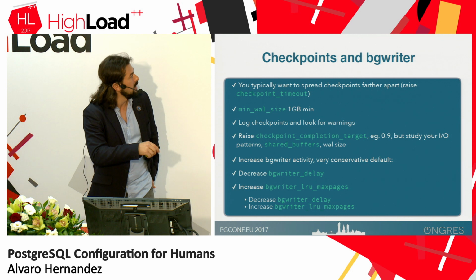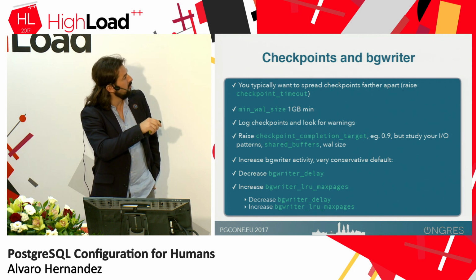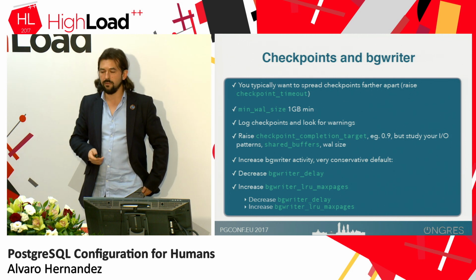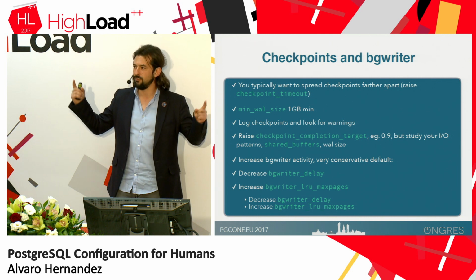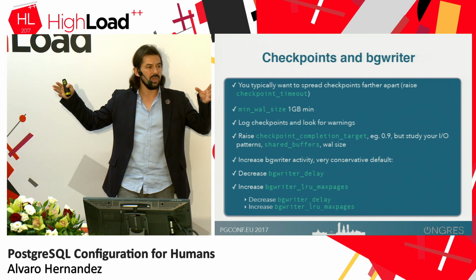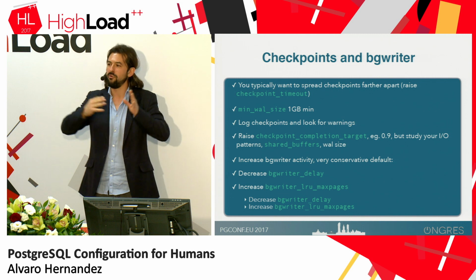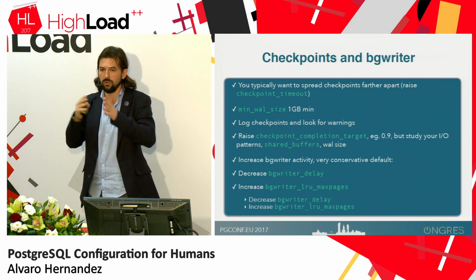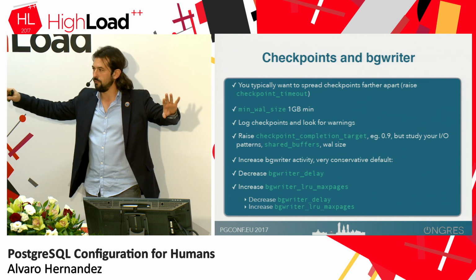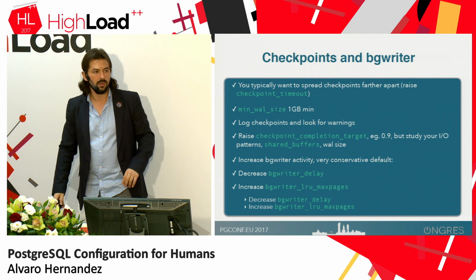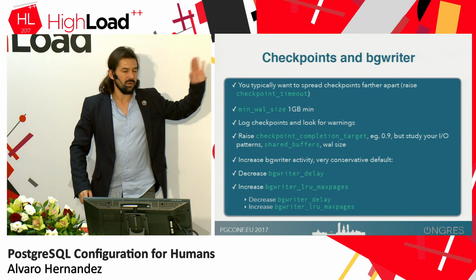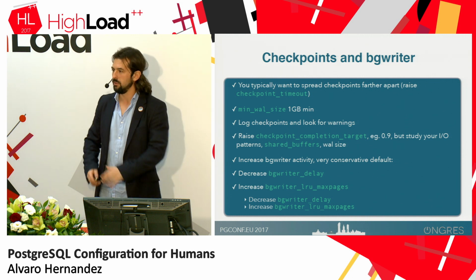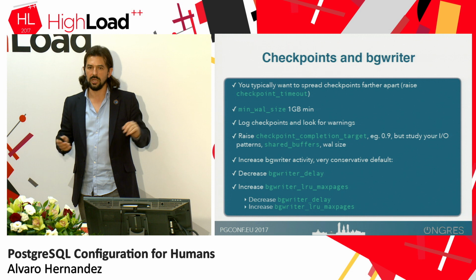And also raise the checkpoint completion target. This is a very complex parameter, but basically it says if we have a checkpoint timeout of 15 minutes, we'll try to spread the I/O through at least a fraction of this to perform the I/O. So it will try to spread the I/O more than the default 0.5. Well, these are very technical, very deep parameters, but at least I want to give you a general idea of how this goes.